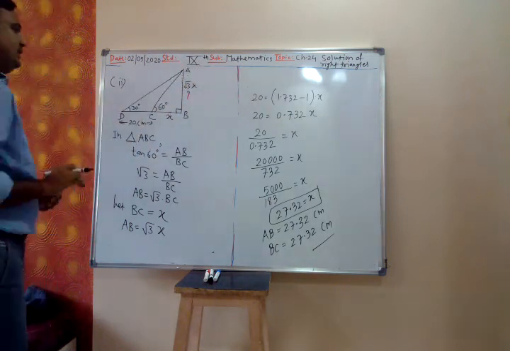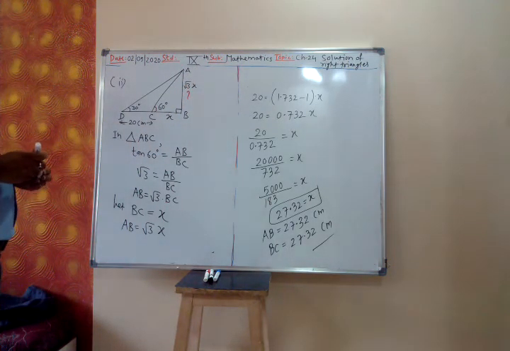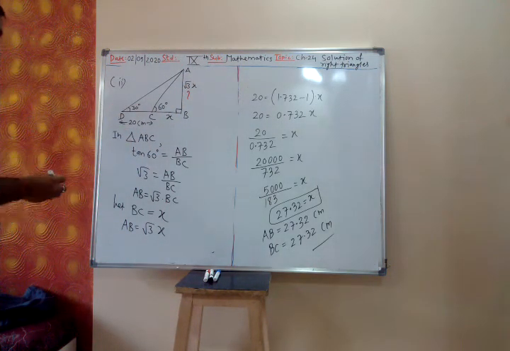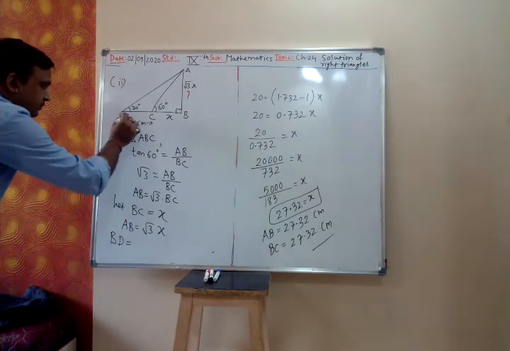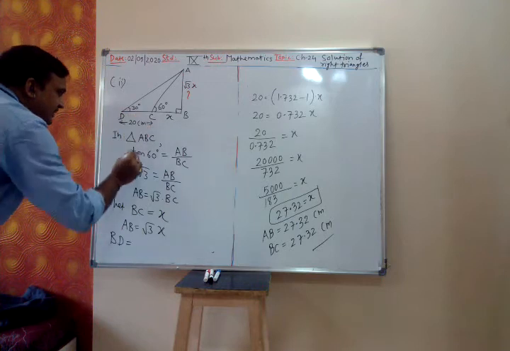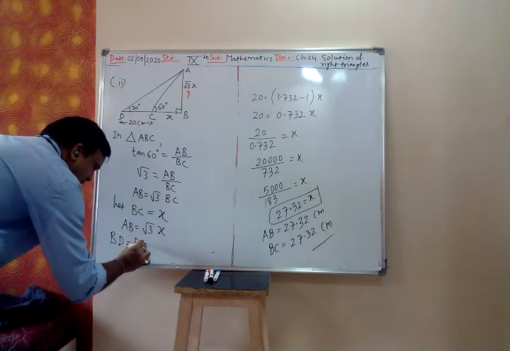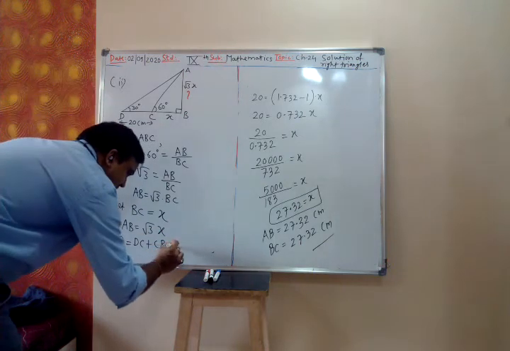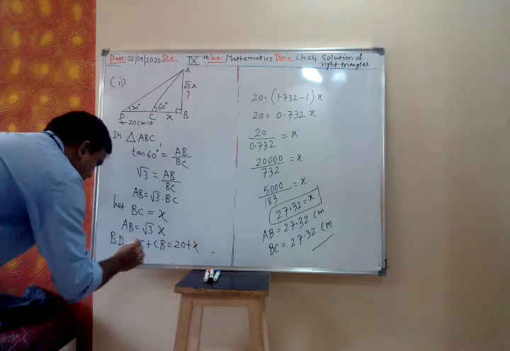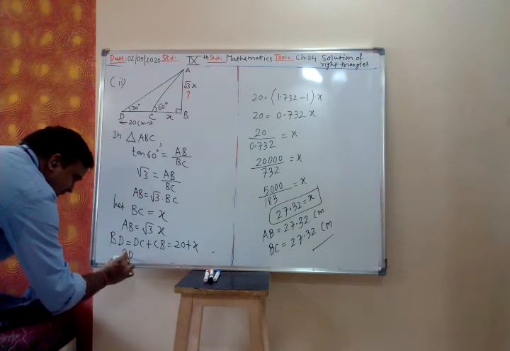Now what is my BD? BD will be DC plus CB. So that will be 20 plus x. So BD is 20 plus x.